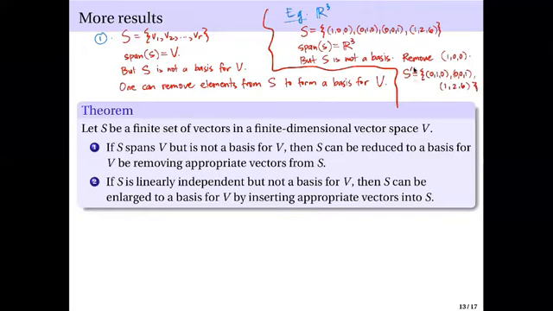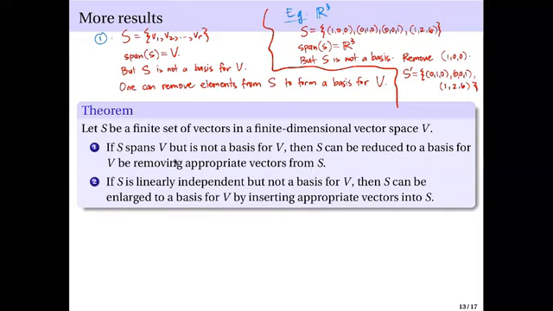You can check that this S prime is a basis. It has 3 elements, equal to the dimension of R3. Then check, is this linearly independent? If it is linearly independent, then this S prime is a basis. So that's the first statement.